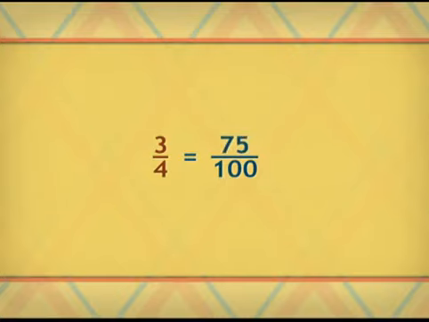So the ratio 75 to 100 is equivalent to 3 to 4. Or we could say it like a fraction. We could say 3/4 and 75/100 are equivalent. So that percent is 75%. It's another good one for you to know off the top of your head. 3/4 is the same as 75%. So that's how to find a percent from a ratio.